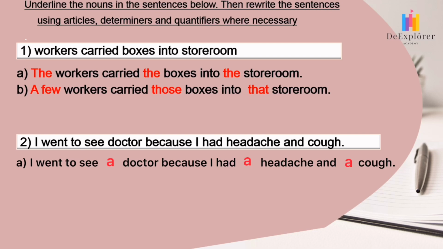Okay, so you see, you've got to use an article before the word doctor: a doctor. So 我去看医生, in Chinese we always say 我去看医生, but in English we have to say I went to see a doctor. Right? Why? Because I had a headache and a cough.